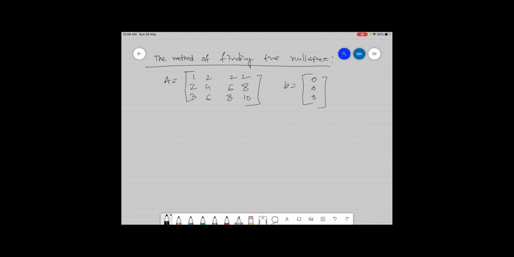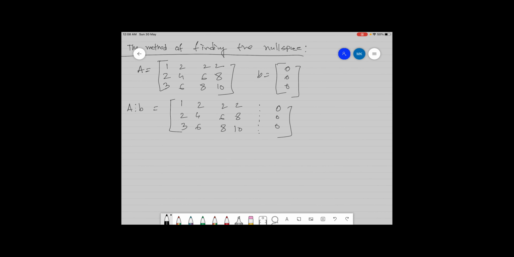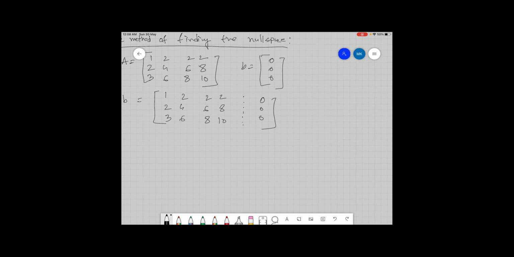Alright, so let's take the augmented matrix here. 1 2 2 2, 2 4 6 8, 3 6 8 10. So this is the augmented matrix. Now we have to find the pivots, right?